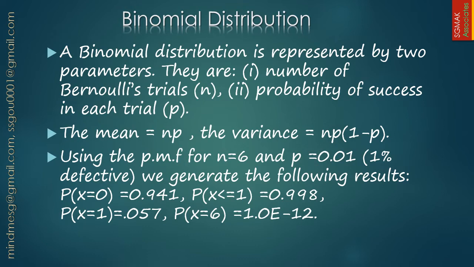The probability of getting no defective in the sample is 0.941, one or less defective is 0.998, the probability of getting exactly one defective is 0.057, and the probability of getting all defectives is 10 raised to the power minus 12, which is almost 0.